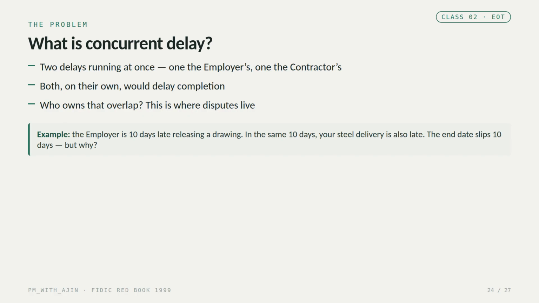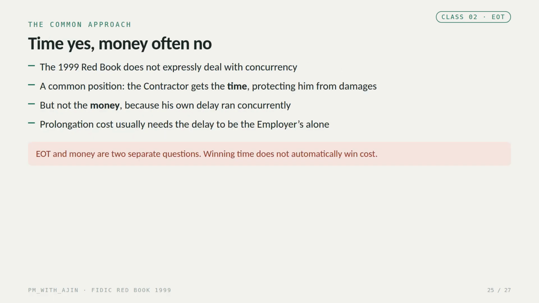Take an example. The employer is 10 days late releasing a drawing, but in those very same 10 days, your own steel delivery is also late. The end date slips 10 days, but the question is, because of whose delay? The 1999 Red Book doesn't expressly deal with concurrency, so we rely on common practice and case law.